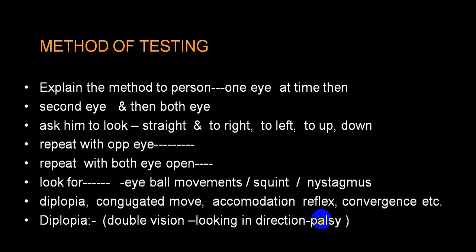And the person may complain of diplopia if the person has a squint. Then look for conjugate movement, accommodation response, and convergence movement, that is with both eyes open. You look for conjugate movement, accommodation reflex, and convergence. Diplopia is a double vision while looking in the direction of a paralyzed muscle.